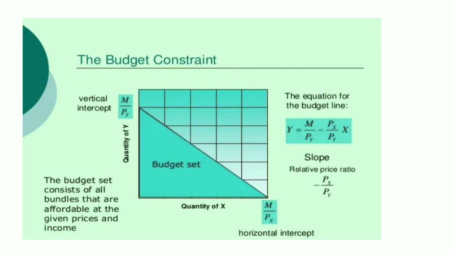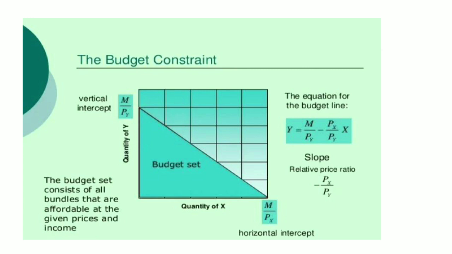So as you can see, the budget constraint, the vertical intercept, the budget set consists of all bundles that are affordable at the given prices and income.